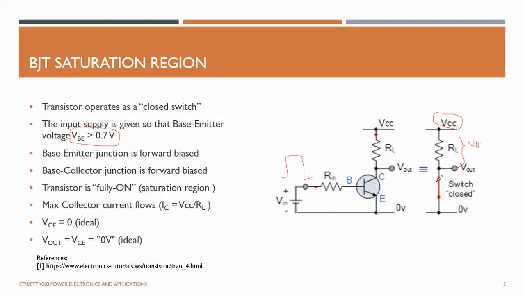But in practical scenarios, there's a slightly small voltage drop across the switch. That small voltage will lead to a degradation of efficiency. I mean, there's a power loss across the switch. So you have to keep this voltage drop very small, and you have to select it based on your transistor.